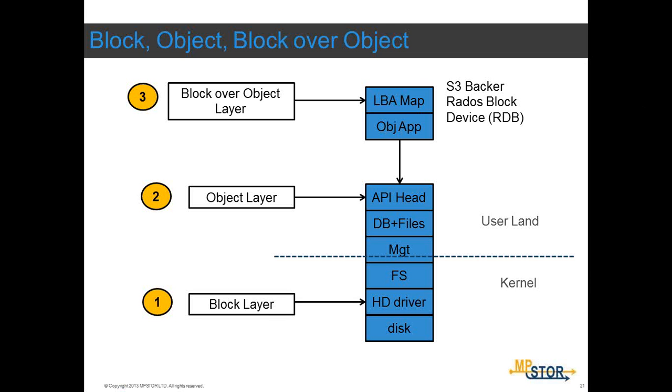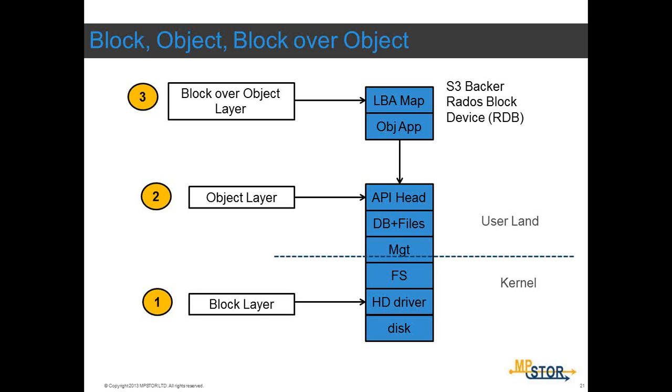Even if you use an object layer, an object store, there's still a requirement within the data center to have block layer access, and there are tools such as S3 Backer, and quite a number of S3 tools to map object stores to block devices, or to use Red Hat's Inktank product, the RBD, the Rados block device, which can map a block device all the way down to an object.